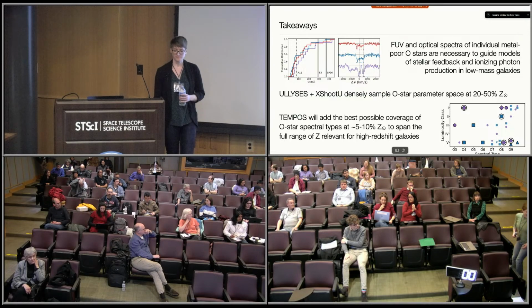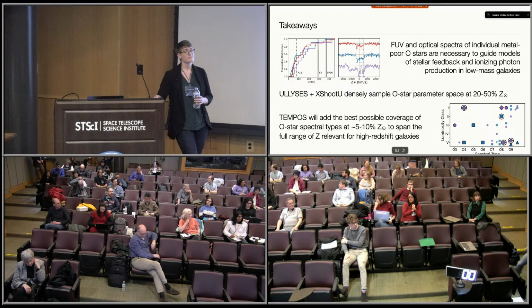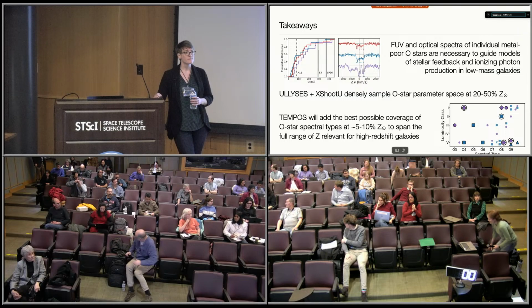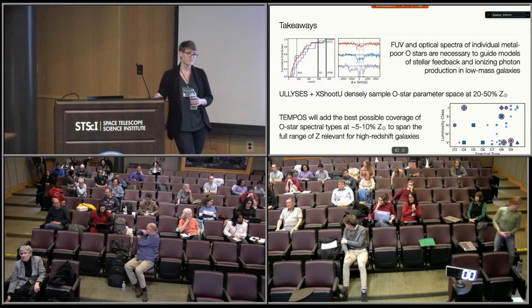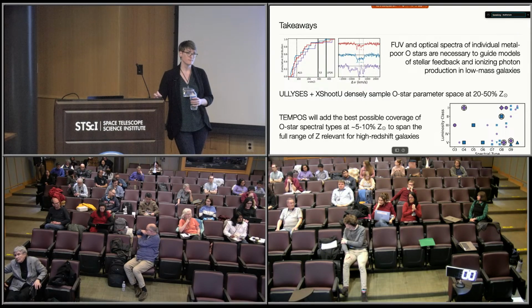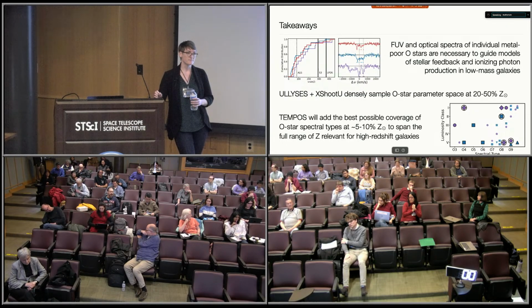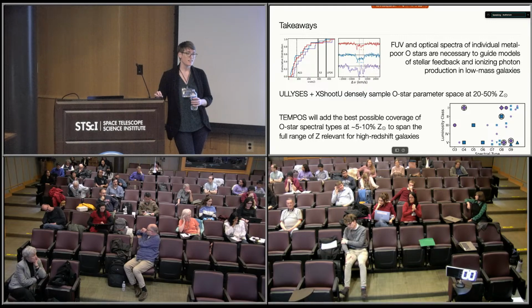Thanks, wonderful work. You quoted very high rotational velocities, and at that metallicity I would expect chemically homogeneous evolution from stellar evolution. Have you checked the surface composition of these stars? Do they have enhanced helium, or can you measure that from your spectra at all?